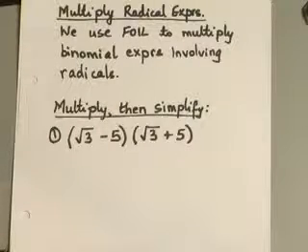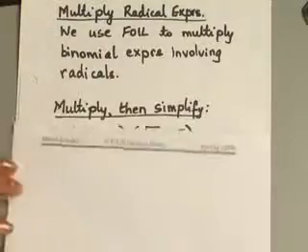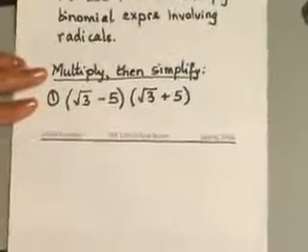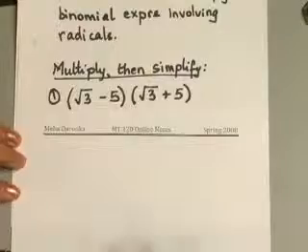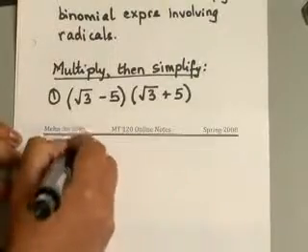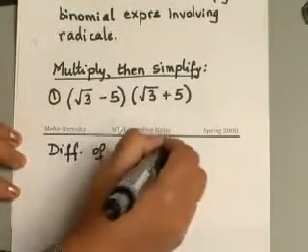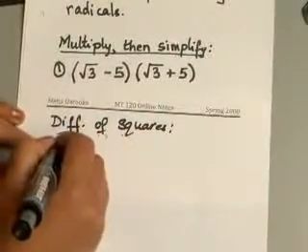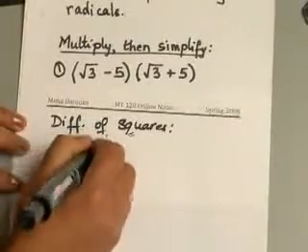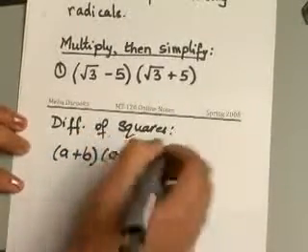Now again, if you recognize this form, you can go ahead and apply the difference of squares idea here. Again, remember, difference of squares is basically something like this, where you have a plus b, a minus b.